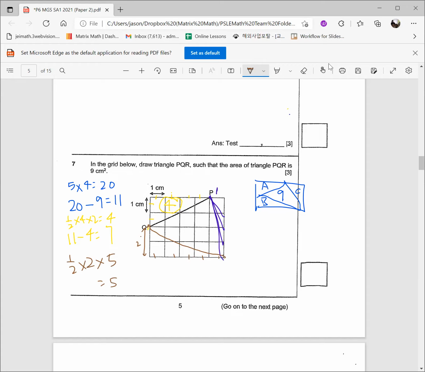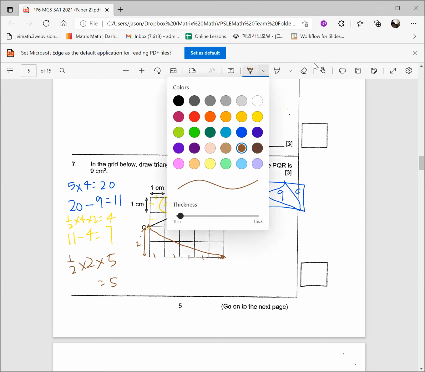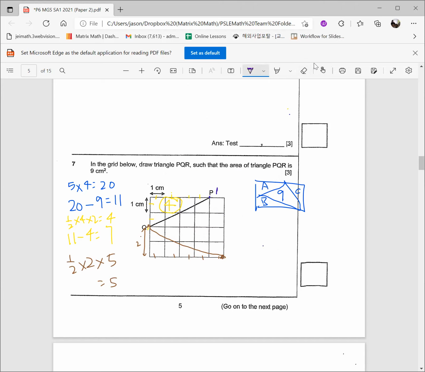Now, if this is here, then this one also ends here and starts here. So the area of this triangle will be half times 1 times 4, which gives you 2. And so it happens that 2 plus 5 is equal to 7.